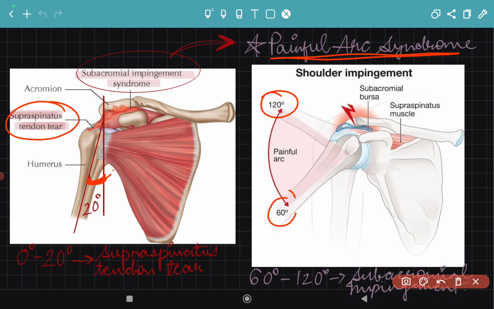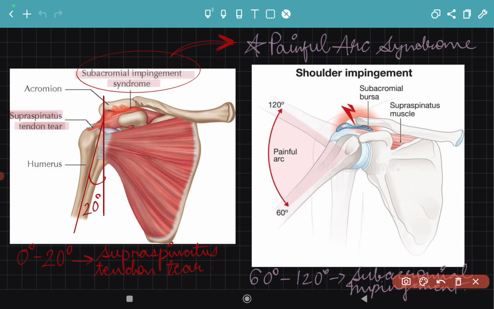So coming to subacromial impingement syndrome, we can see the narrowed space and there is impingement of the supraspinatus muscle or tendon passing beneath this coracoacromial arch. So if there is impingement, then overhead movements will cause pain and weakness, mainly the pain, hence it is called the painful arc.